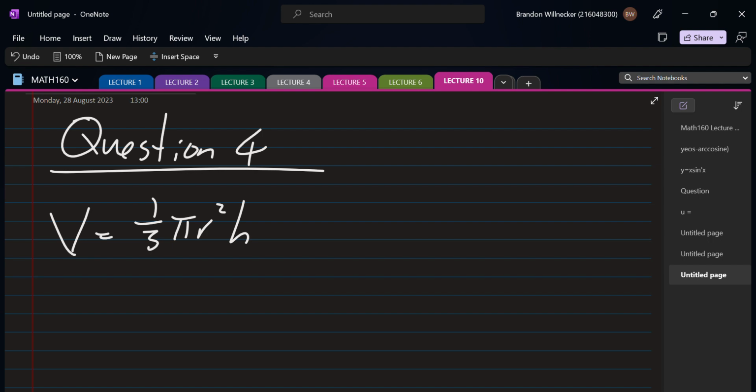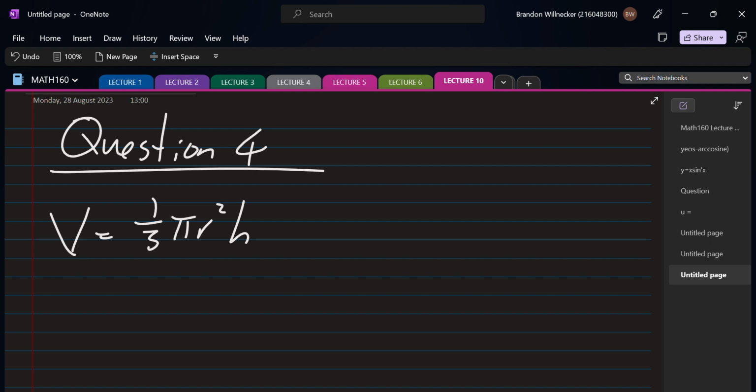We want to find the rate of change of the height. Now, r and h, those are 2 variables. When we're taking the derivative, we want 1 variable. We need to eliminate one of them. We've done that again and again. So we need to write either r in terms of h or h in terms of r. Either way, we want 1 variable, not 2.